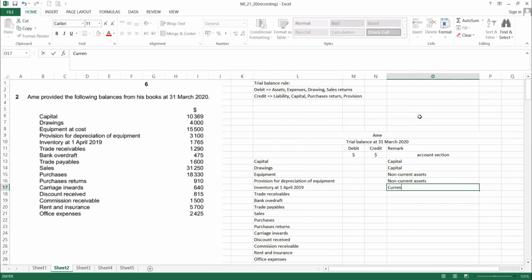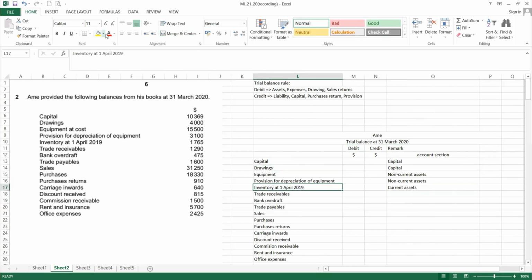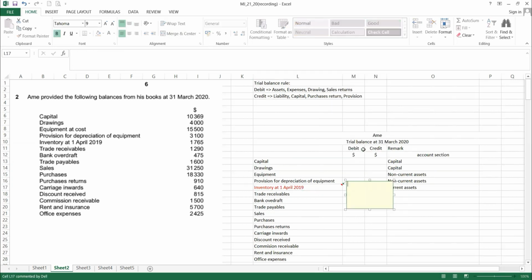Inventory is a current asset. In the trial balance, take note that inventory must be the opening inventory only. Closing inventory is in the additional information and will not appear in the trial balance.